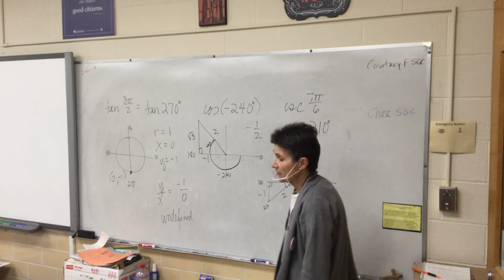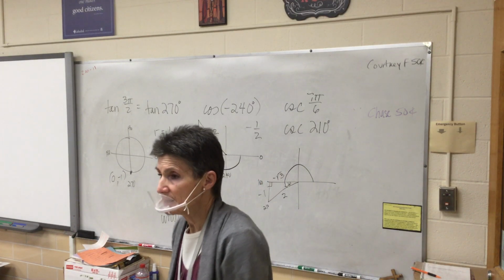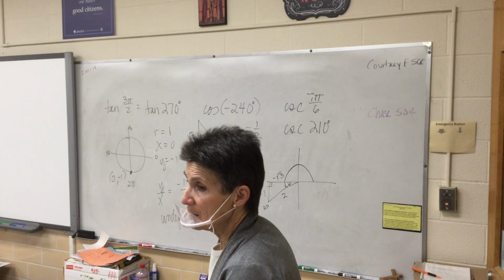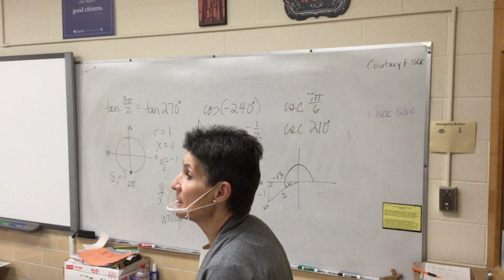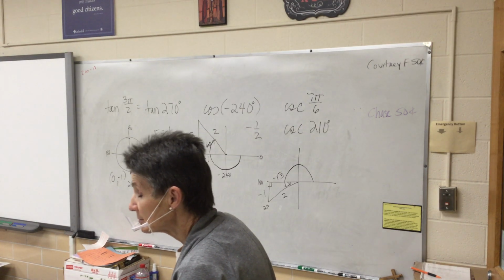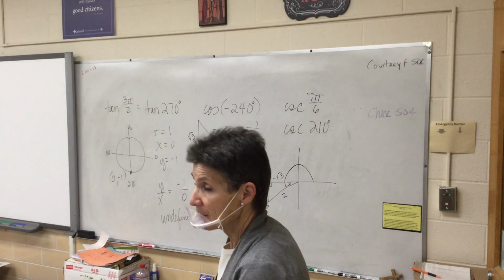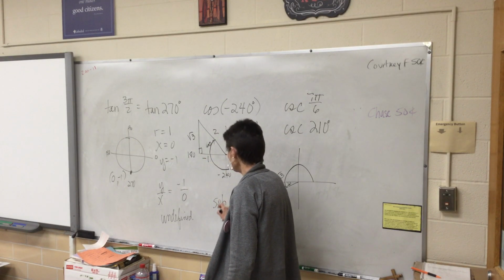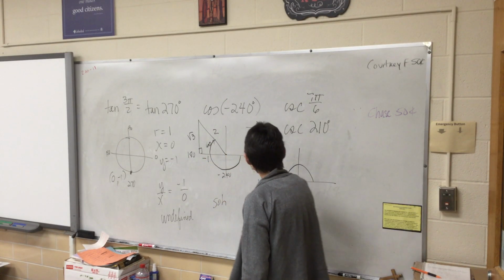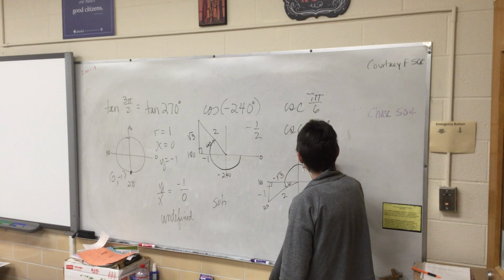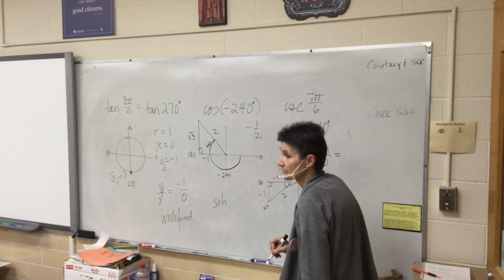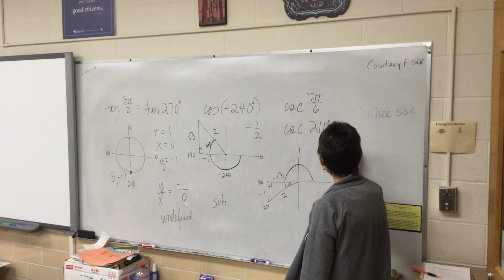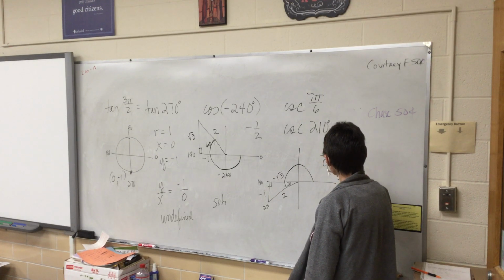All right, cosecant. Cosecant is the reciprocal of the sine. Sine is opposite over hypotenuse. So cosecant is going to be hypotenuse over opposite, which will be 2 over negative 1 or negative 2.